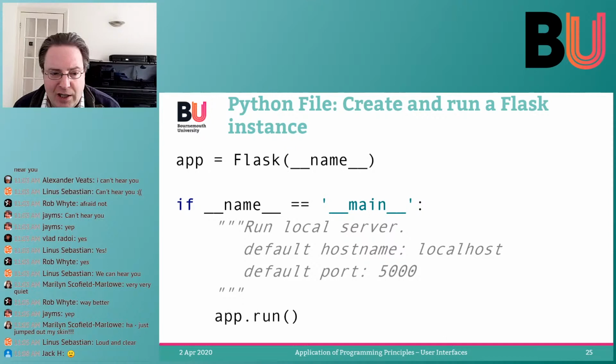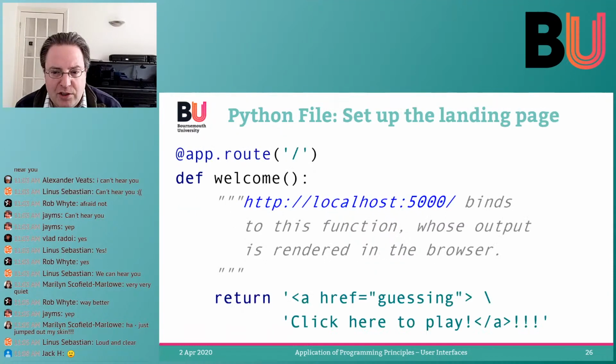Then we have the challenge of how we are doing routes. So how are we going to actually tell Flask where it needs to find what resources? And this is done basically through an annotation on a function. So when we look here, we see that we have the function welcome.